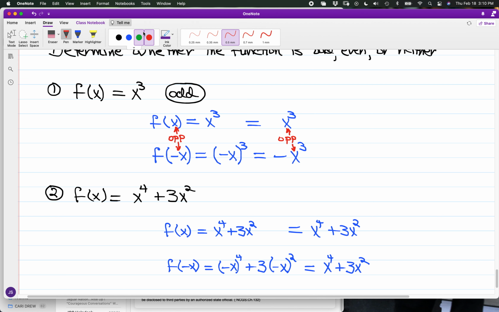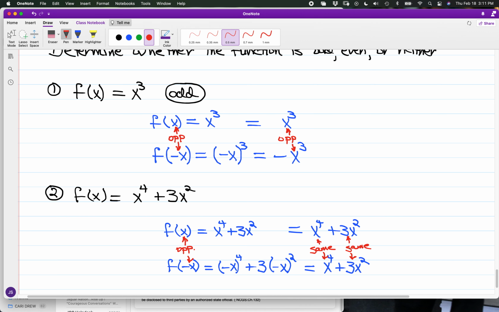And so for what we have at the start, now the inputs are opposite sign, and for x to the fourth plus 3x squared, notice the terms are the same. x to the fourth is the same, and 3x squared had the same appearance.